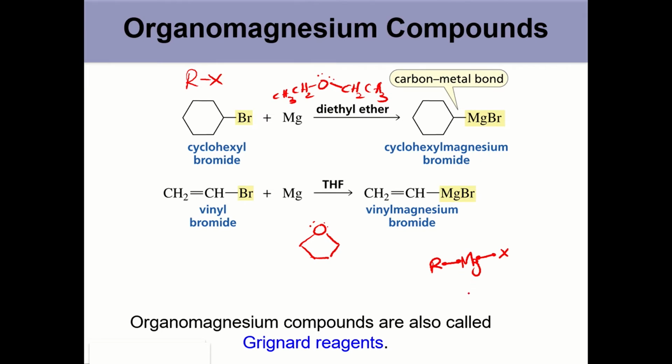So that means these solvent molecules will share their electrons like this. Now in that way, magnesium will be able to complete an octet.